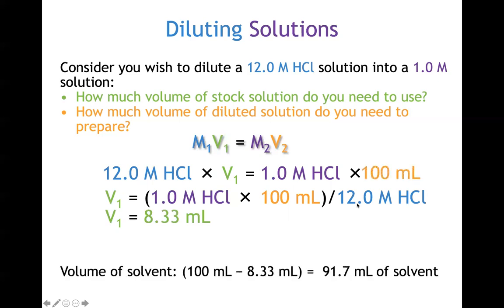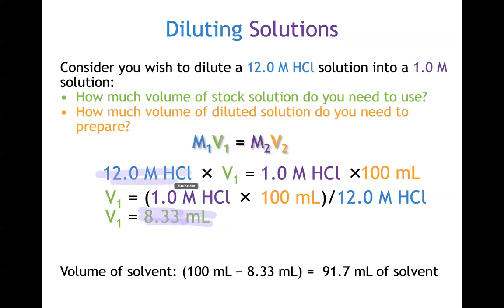And if we calculate it, we'd get exactly 8.33 milliliter. What does that mean? It means we will take 8.33 milliliters of the 12 molar hydrochloric acid solution, right?